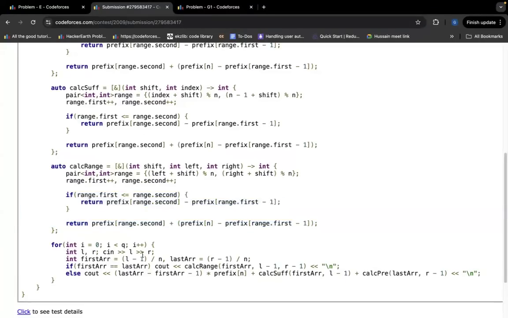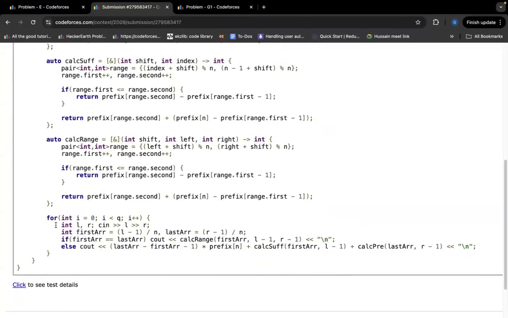Yes. Okay. So I'm given L and R. All right. My first array index is L minus 1 divided by N. My second array is R minus 1 divided by N. Now, if first array is equal to last array, do you agree last array minus first array minus 1 will give minus 1?